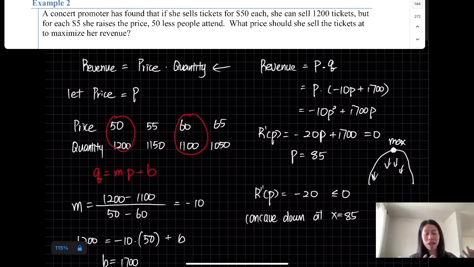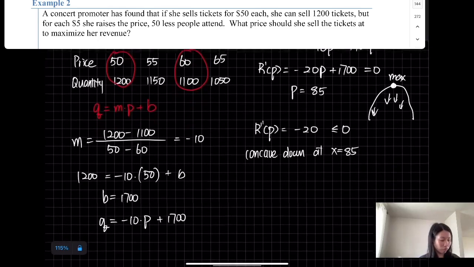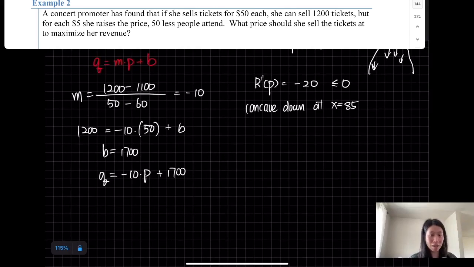And we can still calculate what the revenue will be, or how many tickets she's going to sell. Let's find out. We know the quantity equals -10 times 85 plus 1,700, which is 850 tickets.